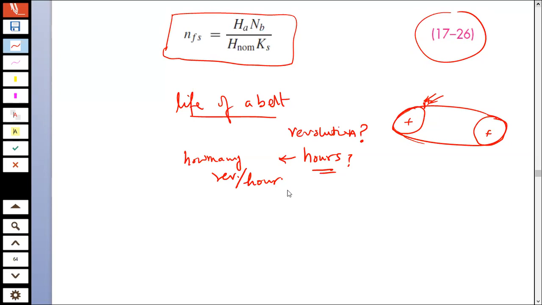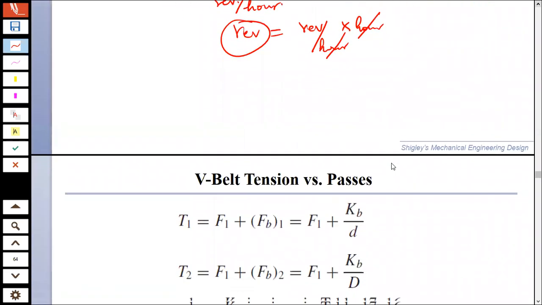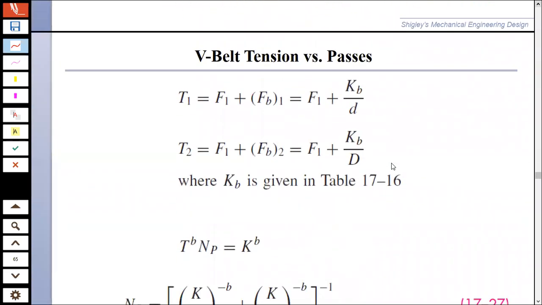So basically, it turns out to be revolutions again, because revolutions per hour and operation in hours cancel with each other, and again you will be left with revolutions. So it is the same measurement, but you can find it from here.